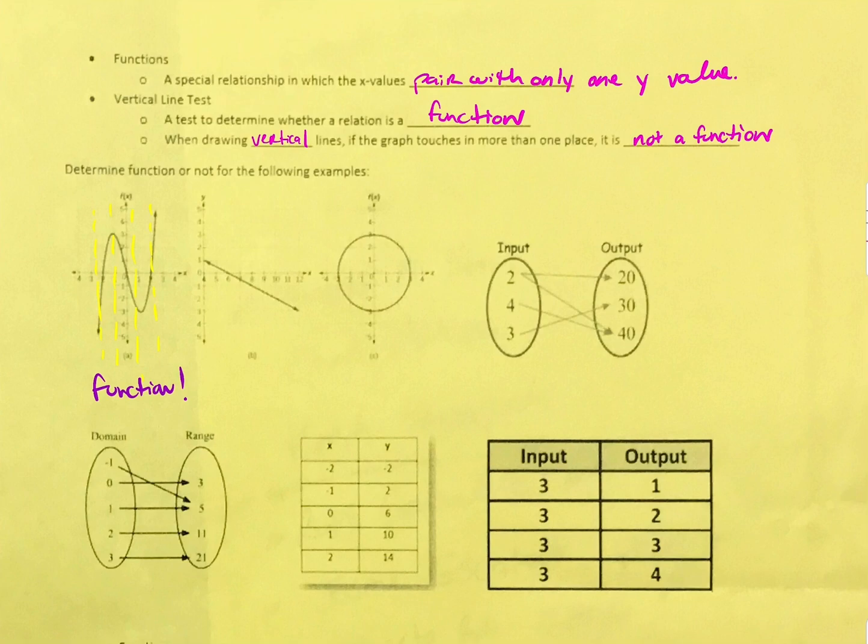Then we do the same thing for this next example. We have this line here, and we're going to draw vertical lines. Notice that on this vertical line, the graph only touches once here, and then once here, once here, and once here.